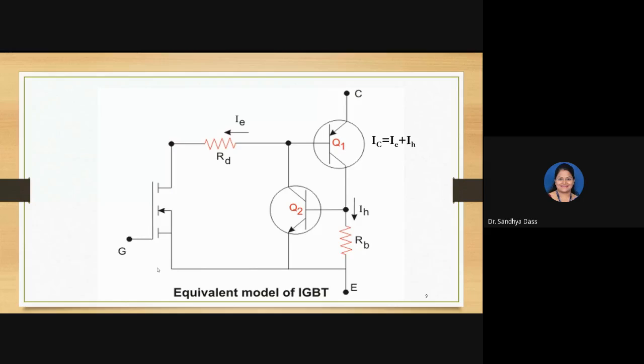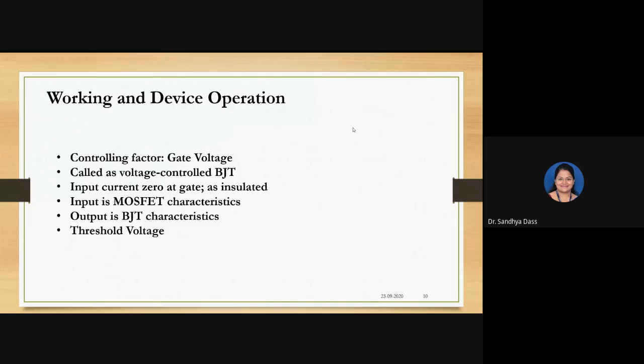That's the limitation of IGBT: if you are not able to turn off immediately by controlling the collector current, then the device would get damaged. So we have to identify a circuit where the collector current would not exceed the threshold value. So that is about the working of the device.